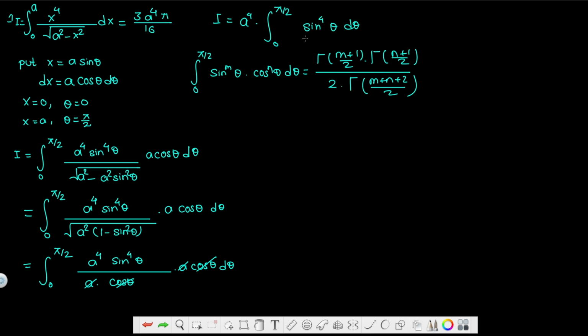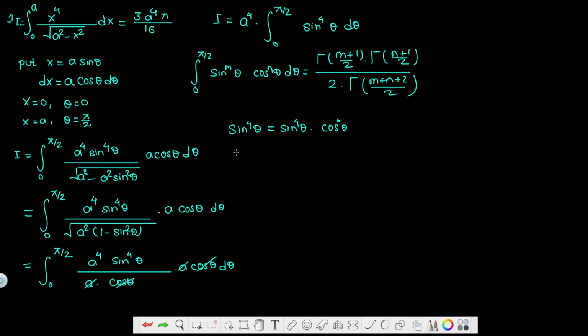So this expression, sin^4 theta, is the same as sin^4 theta times cos theta to the power 0, because that is 1, and sin^4 theta multiplied by 1 is sin^4 theta.